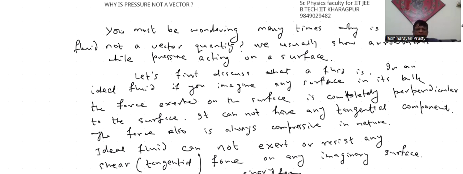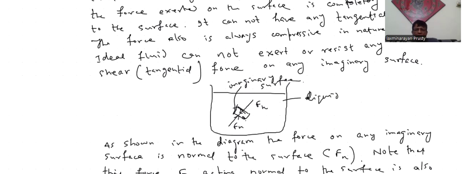In an ideal liquid, if you imagine any surface in its bulk like this, the force acting on this imaginary inclined surface will be normal only. Normal force, normal to the surface.